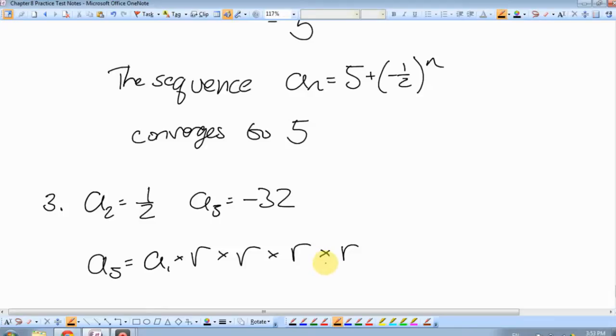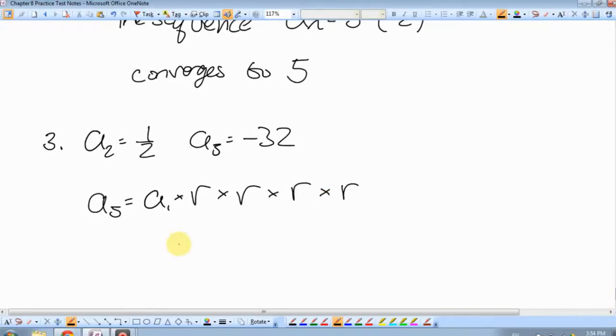Any questions there? It goes to the n minus 1, and n is 5, so 4. By definition, right? A2 equals A1 times R. Got it?